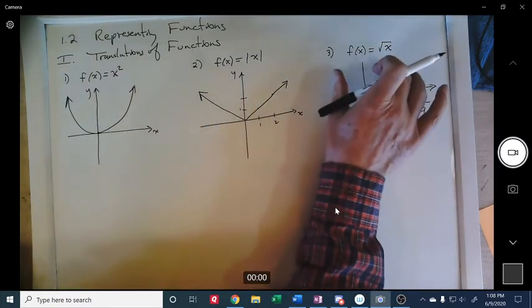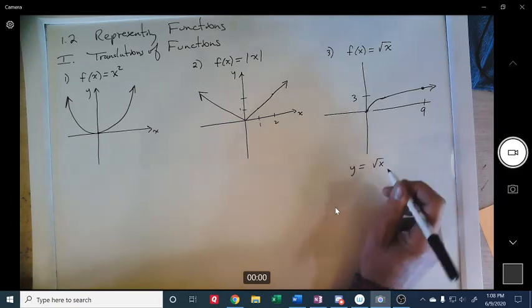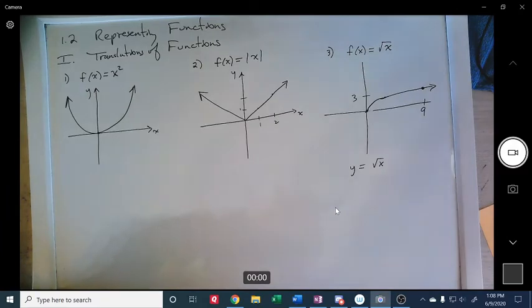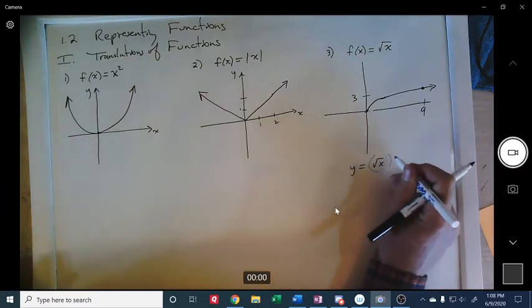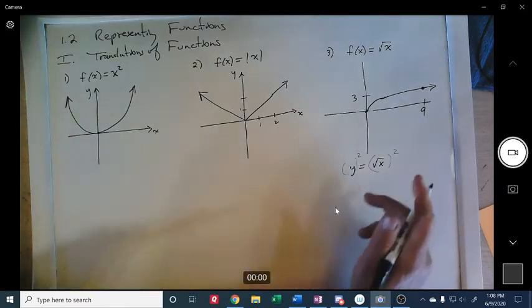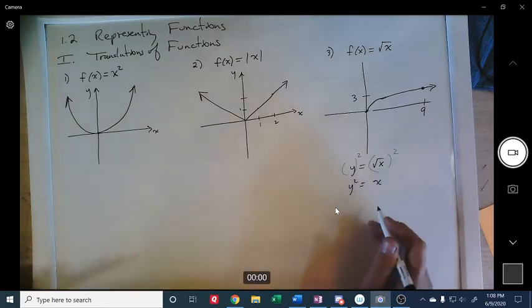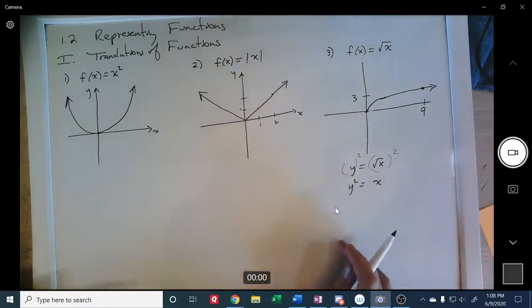Now, on this one itself, if you replaced f of x with y, notice, suppose you tried to get the x all by itself, isolated. See, this is a sideways parabola.